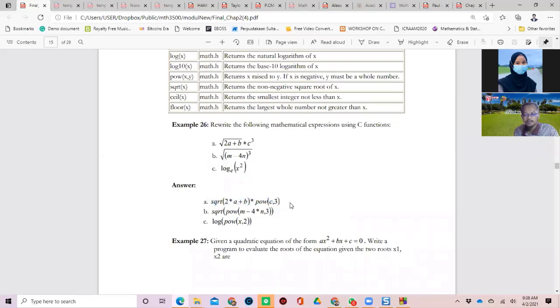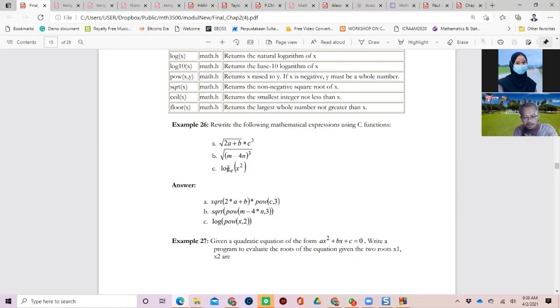Simple. And then what about the second one? Square root of POW m minus 4 times n, comma 3, and comma 3 is power of 3 here. For the brackets, you have to carefully put them in the correct places. You can see how the brackets are made.